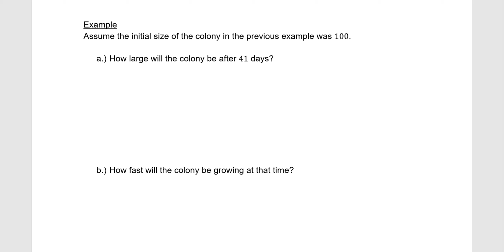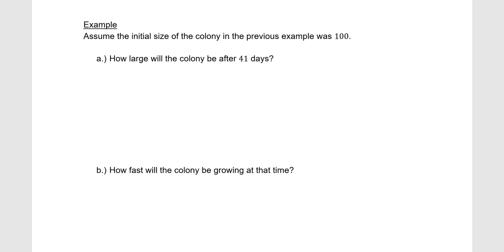Okay, and another example. Let's assume the initial size of the colony in the previous example was 100, and let's answer these questions. From the previous example, we found that k was 0.077.